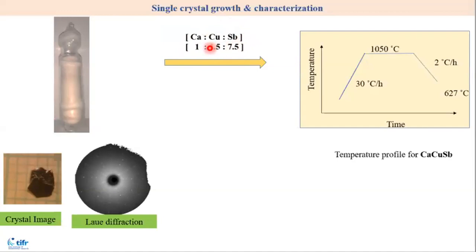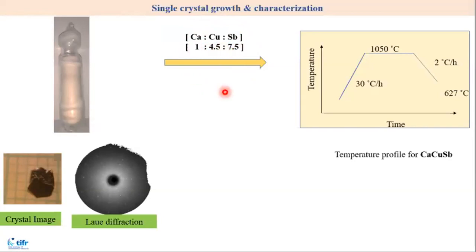Here, copper and Sb form a kind of molten composition working as a flux. My aim was to grow 1:1:1, but we have taken the 1:4.5:7.5 ratio.